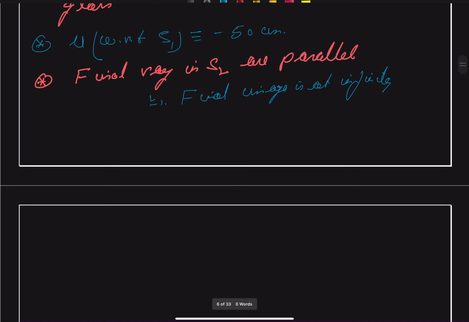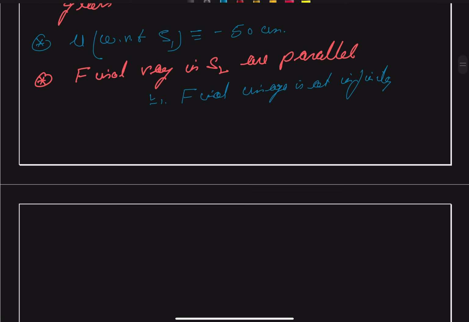So these are the parameters associated with it. We are going to consider the surfaces one by one and try to solve it. First refraction is going to take place at S1.